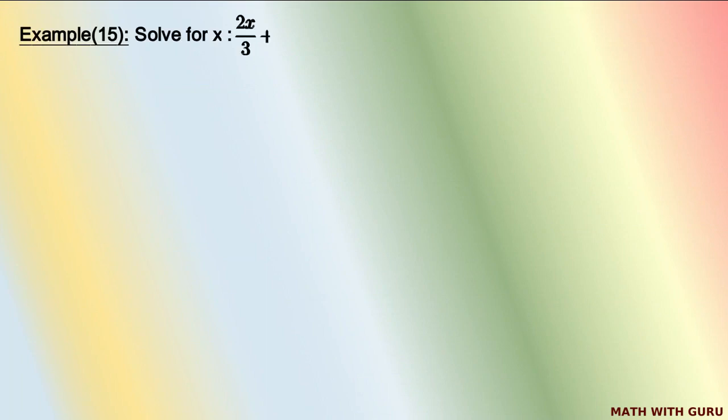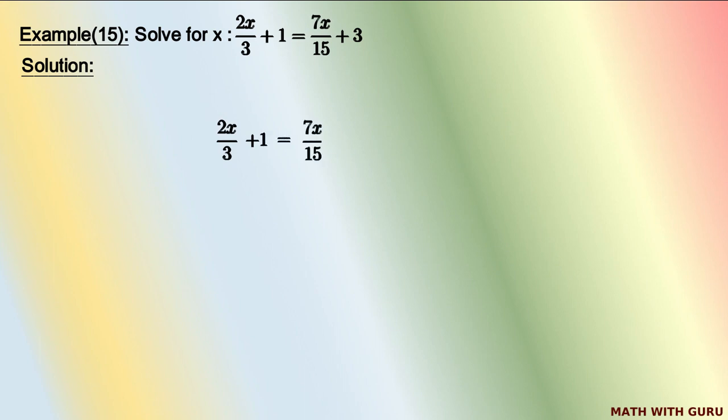Example 15. 2x over 3 plus 1 equals 7x over 15 plus 3. Here again we have got denominators. For 3 and 15, 15 is the LCM because 3 goes into 15 exactly. 3 fives are 15. Therefore, in such cases, the bigger number is the LCM.